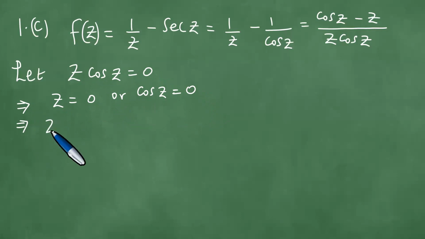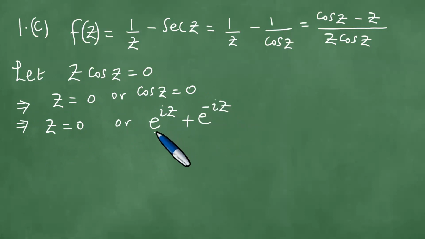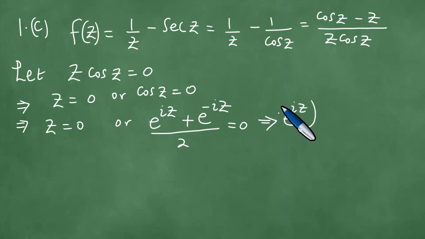Right, so if we have that z is 0, or if cosine z is 0, it means e to the i z plus e to the minus i z all divided by 2 is 0. e to the 2iz plus 1 equals 0.